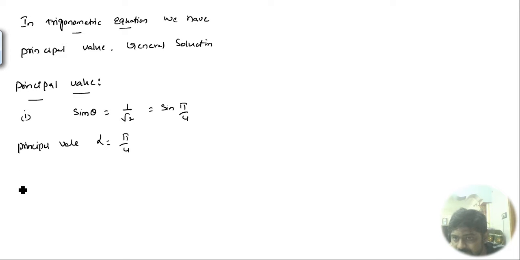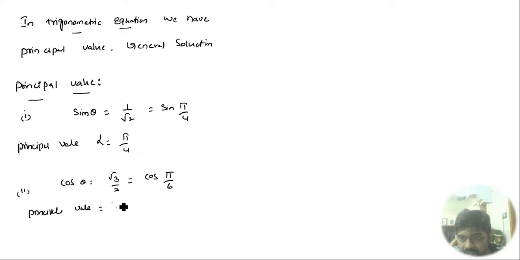And next one, cos theta equal to root 3 by 2. Root 3 by 2 in cos is cos 30 degree, that is cos pi by 6. The principal value equals pi by 6.